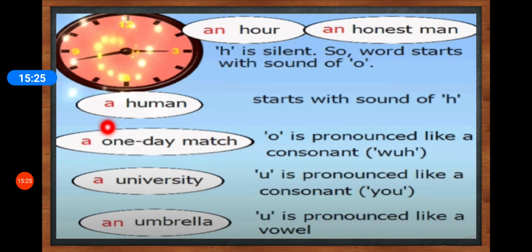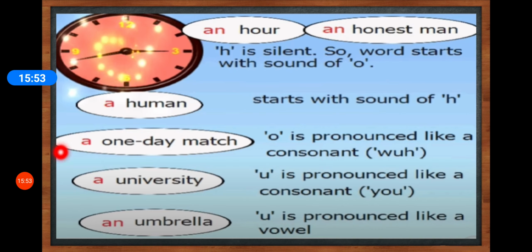Now we say a human. In this word, it's not called uman. It's human. It starts with the sound of H. So a human. A one-day match. O is pronounced like a consonant W. One day, W. As I told you, W is a consonant sound.